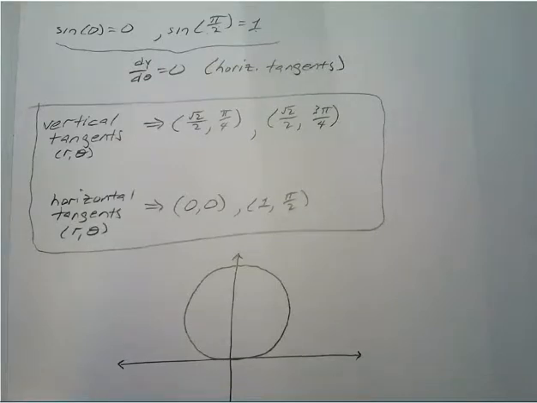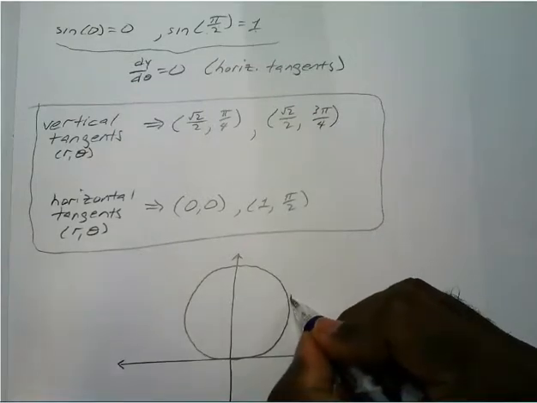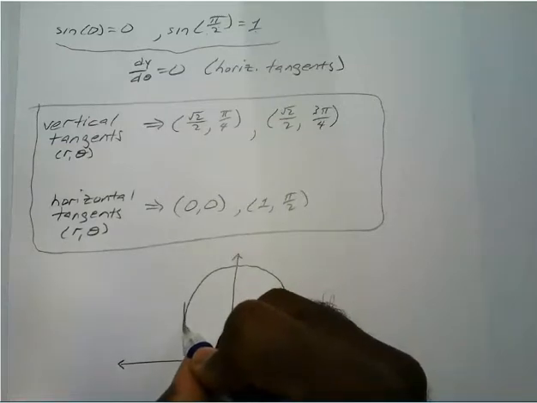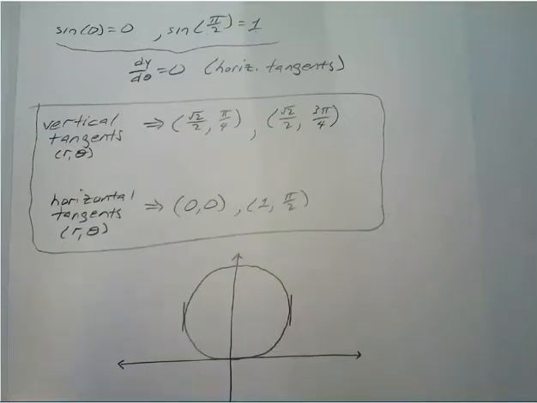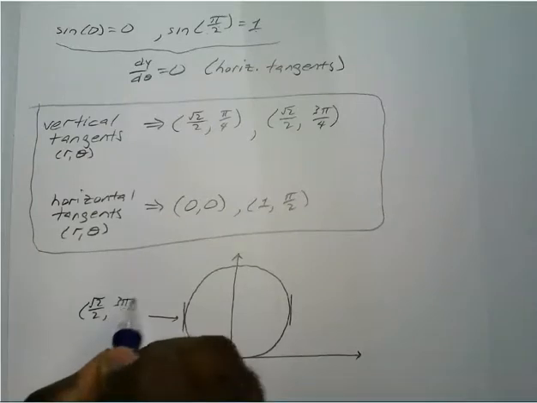Let's start off with vertical tangents: they would be this point here, and about this point here. This point would be your √2/2, 3π/4.